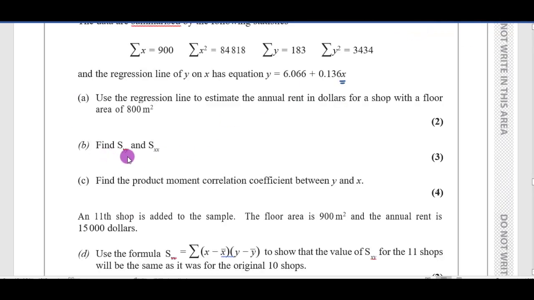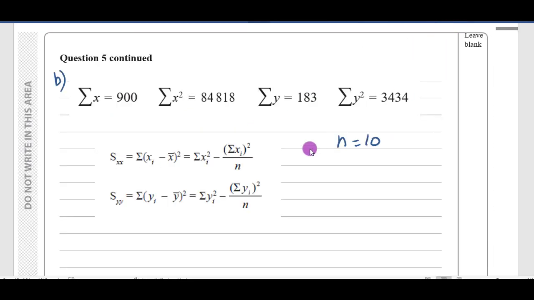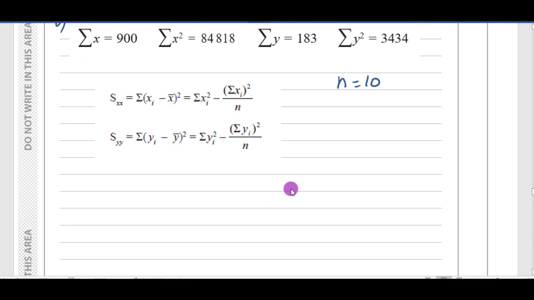Now find the SYY and the SXX. Let us start. This is the data and this is the equation from the formula sheet. So SXX is equal to summation of xi squared, which is 84818 minus 900 squared divided by n equal to 10.